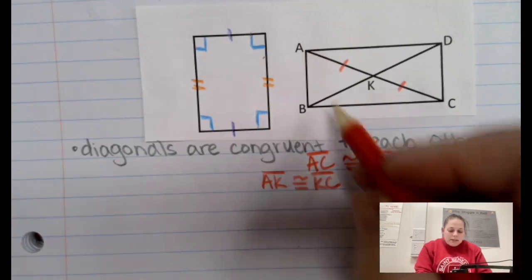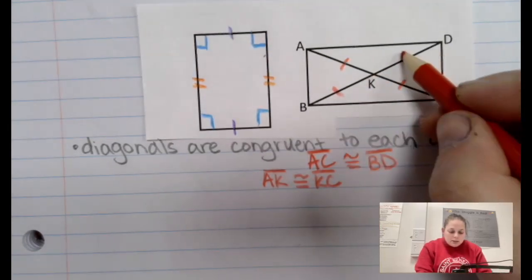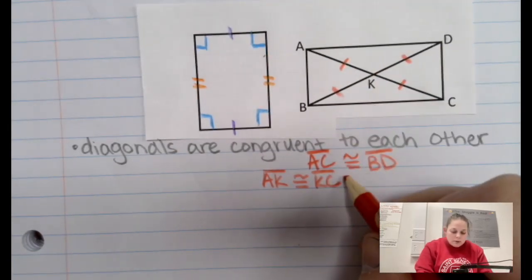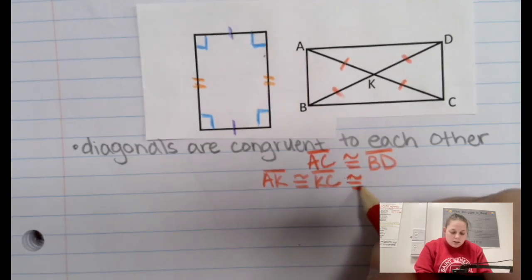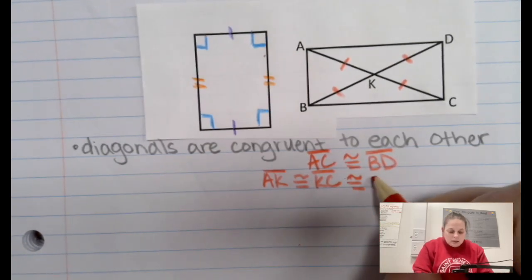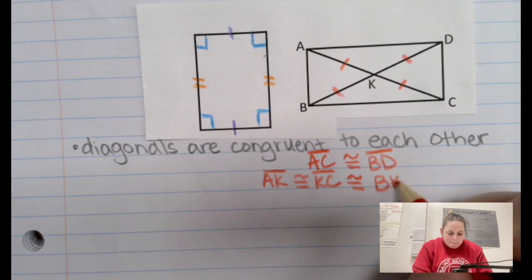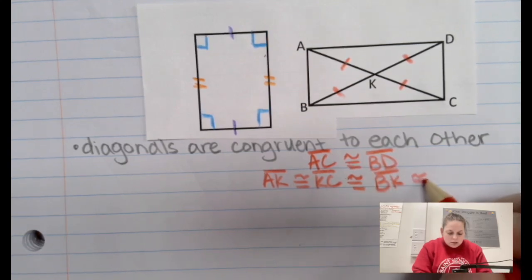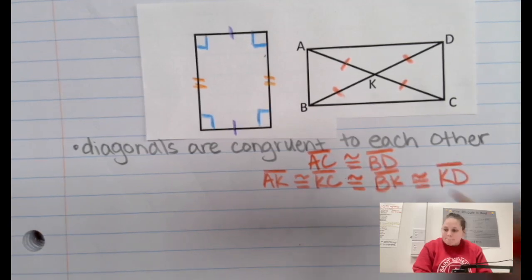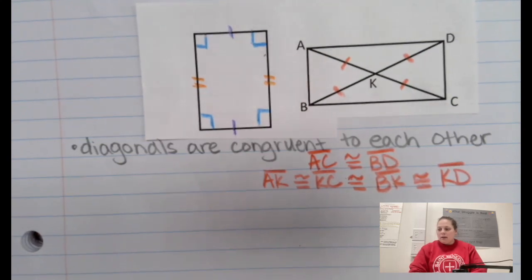But then as I look at BD, BK is the same as KD, and we know that those were the same. So we can now say AK is congruent to KC, which is congruent to BK, which is congruent to KD. Yikes.